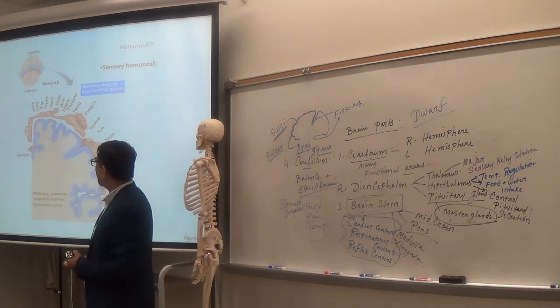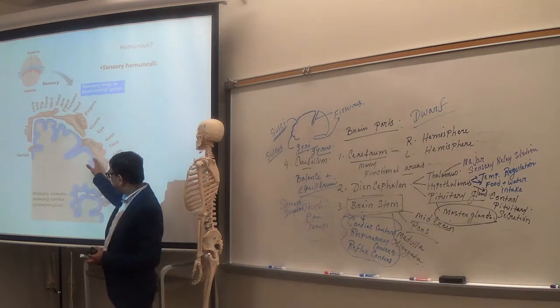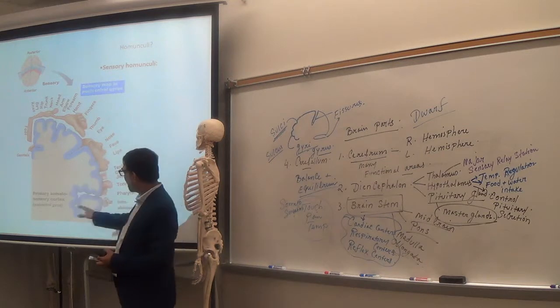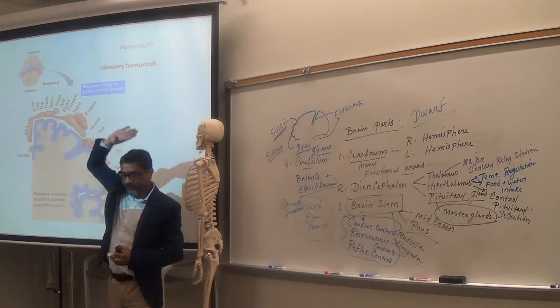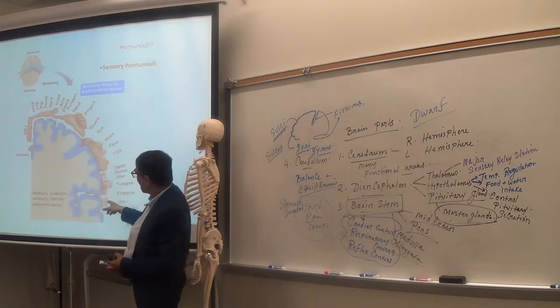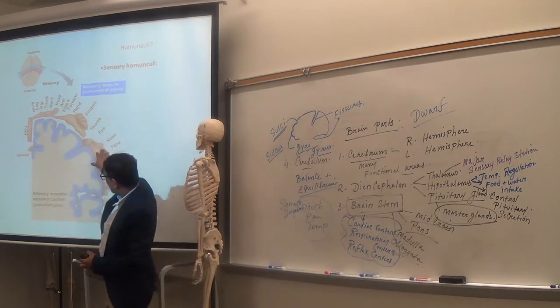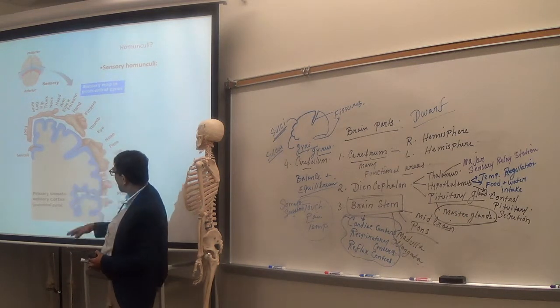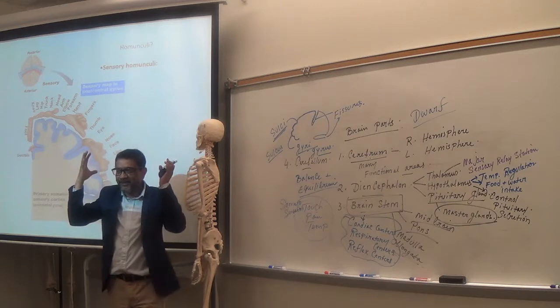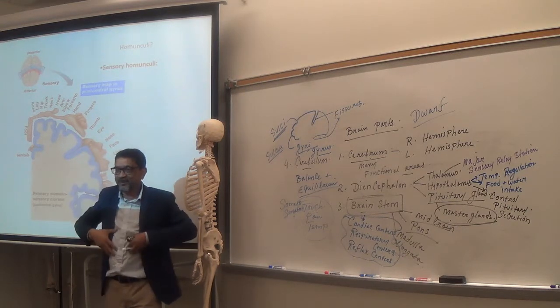So here, this is the primary somatosensory cortex. It's a coronal section, this way. You see here, this is the guy. If you put all these body parts together, this guy will have a big head, right? The trunk is small, you see?